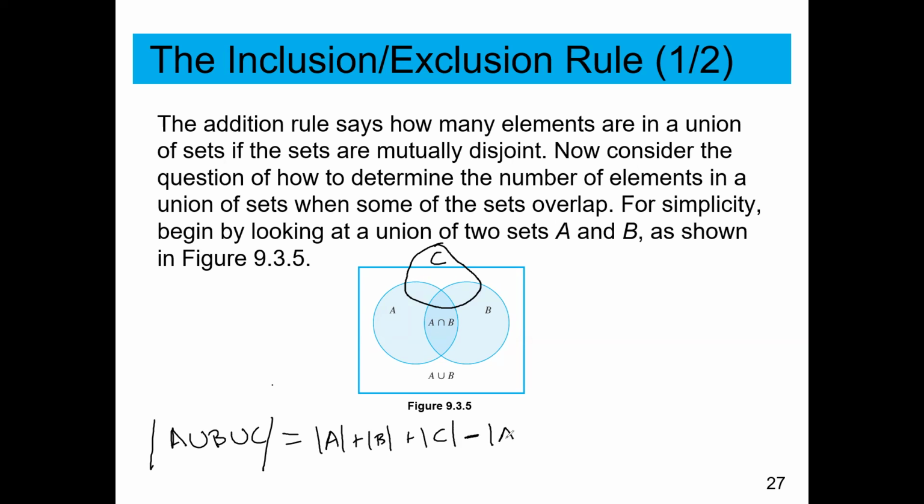So subtract A intersect B, subtract A intersect C, and subtract B intersect C.